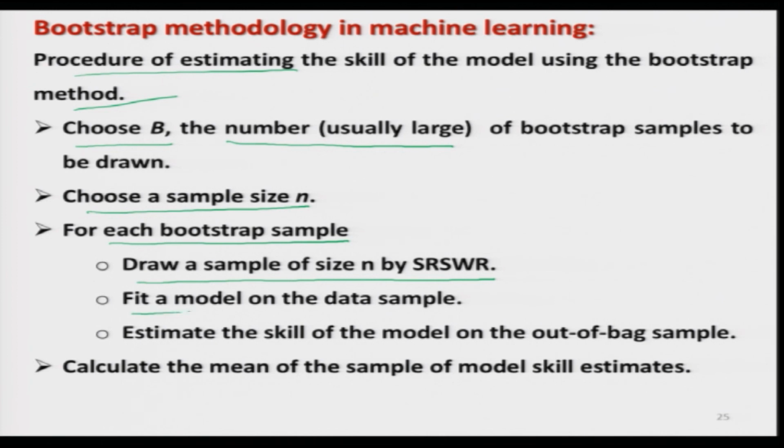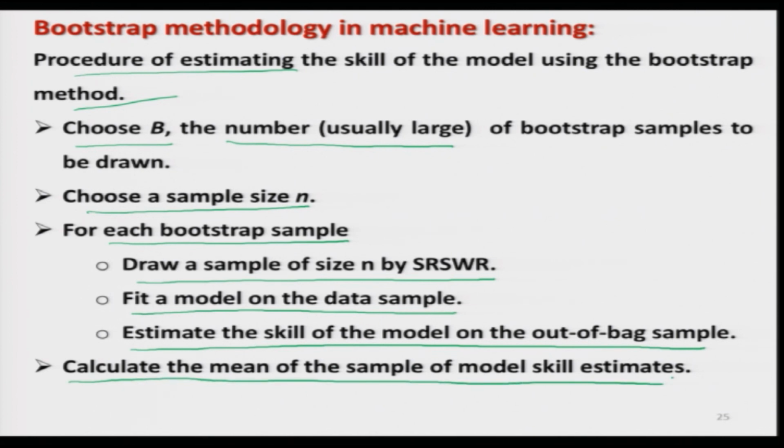Then you fit a model on the data sample, estimate the skill of the model on the out-of-bag sample, and after that, calculate the mean of the sample of model skill estimates. If you translate this terminology into classical statistics, this is nothing but what we have done in the Bootstrap methodology.